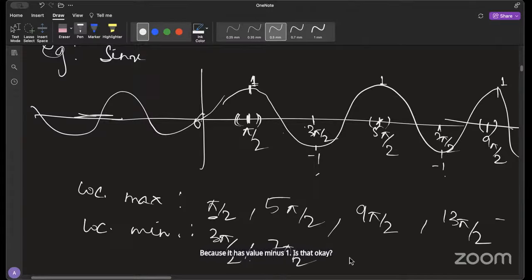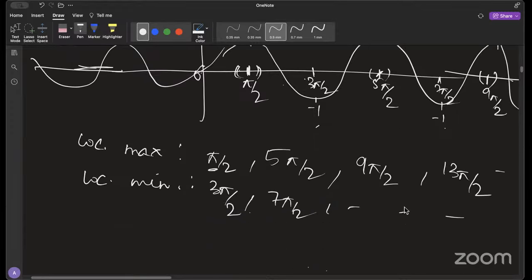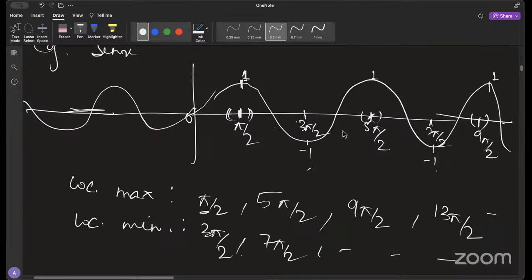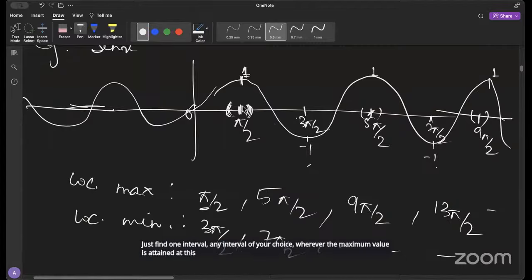Is that okay? So you just have to find the trick, not the trick, that's the definition. Just find one interval, any interval of your choice, where the maximum value is attained at this point. Then you can say that this is the point of local maximum. Same is the case with local minimum.